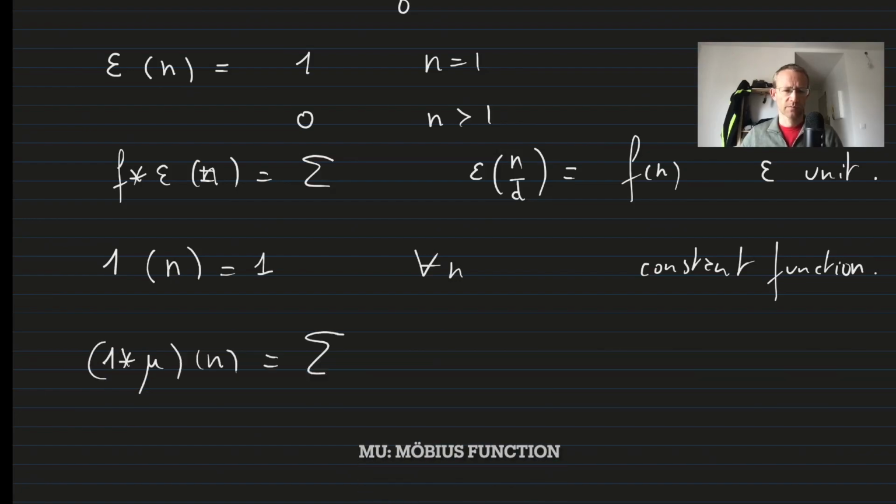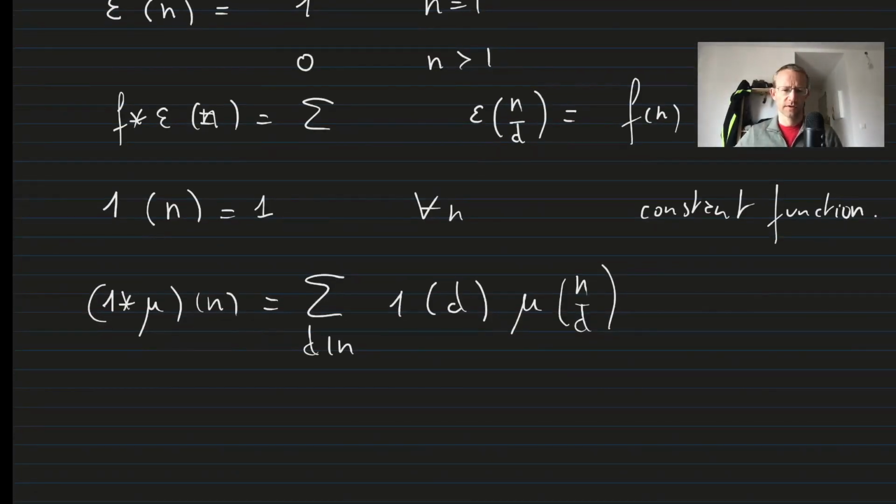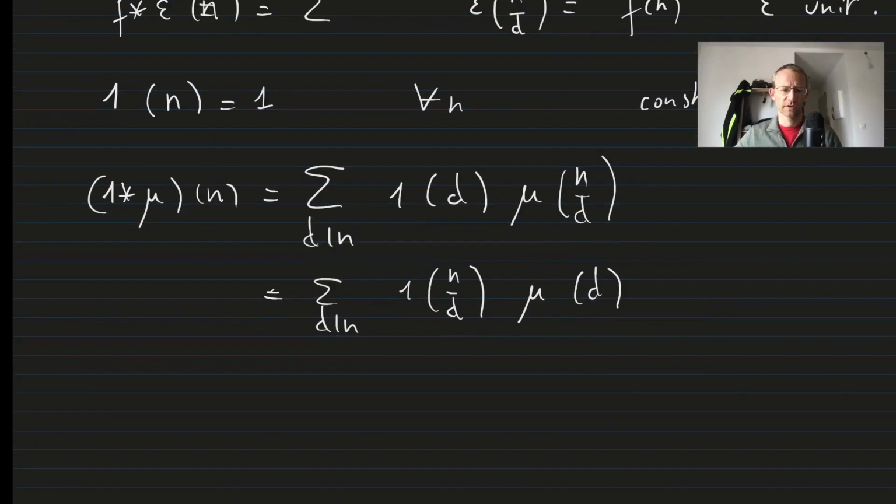Well, it is the sum over the divisors of n of 1 evaluated in d, and then mu evaluated in n over d, which is of course the same as the sum over d dividing n of 1 evaluated in n over d, times mu of d. Then 1 evaluated in n over d is just 1, because it is the constant function equal to 1, and therefore this is just the sum of mu of d.